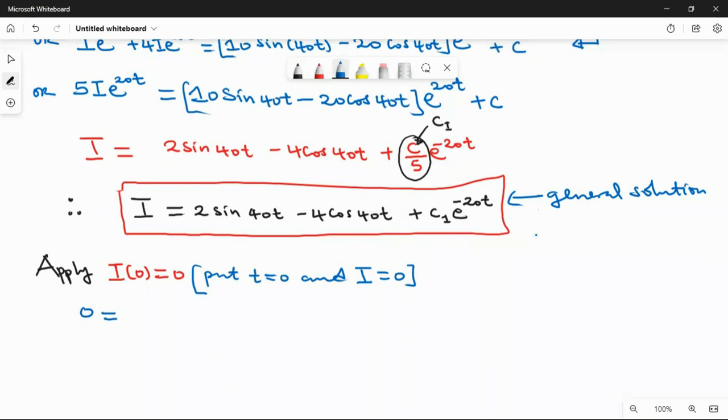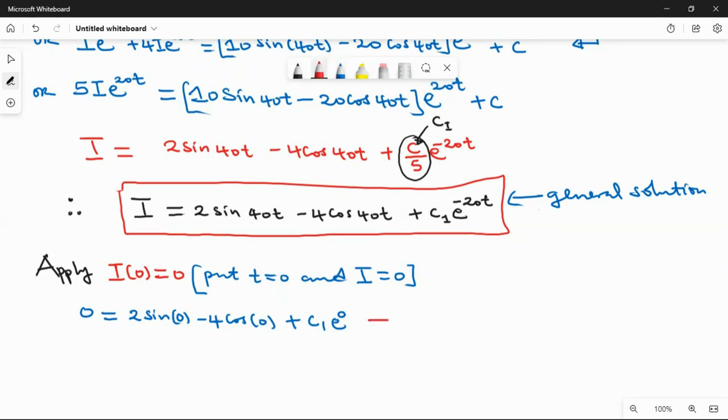Cosine 0 is equal to 1. So that is 2 sine 0 minus 4 cos 0 plus a constant C1 times exponential 0.